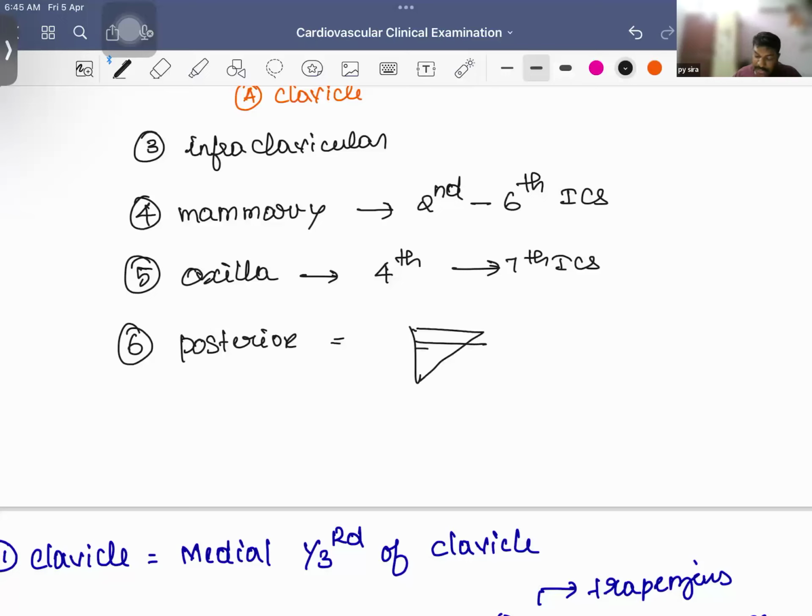Now you focus over the suprascapular area. Next is the interscapular area. Then below, the infrascapular area. So these are a few areas of percussion.